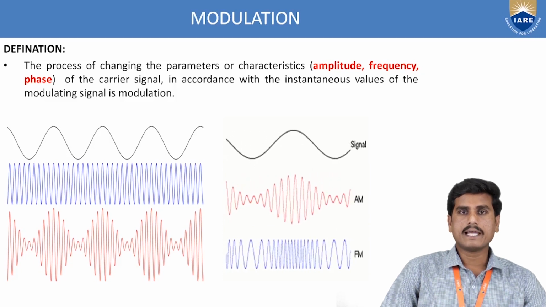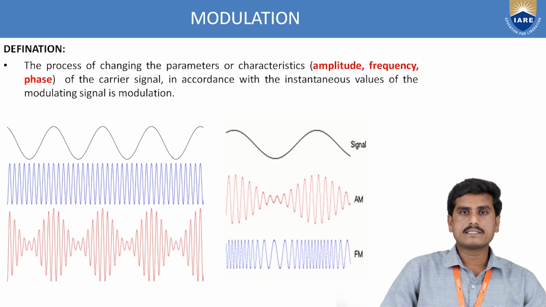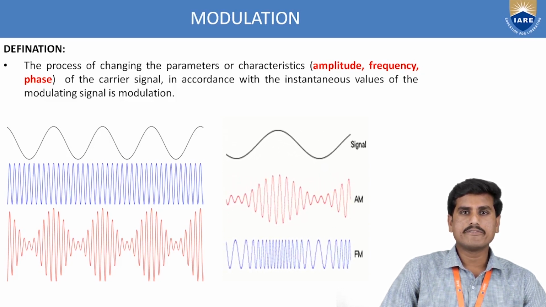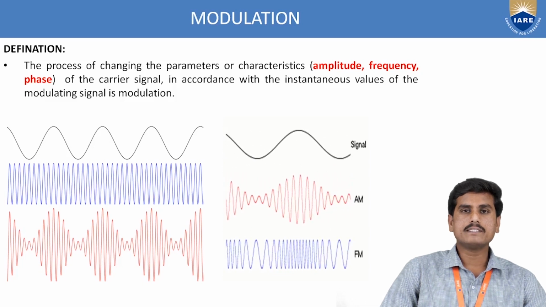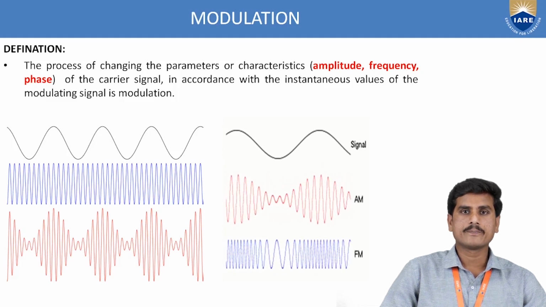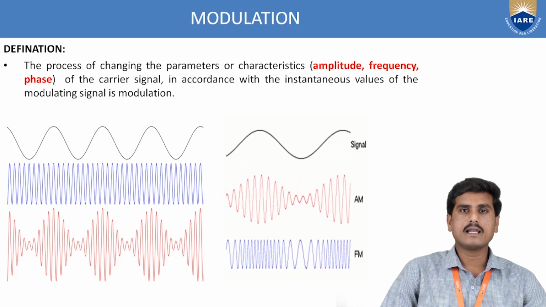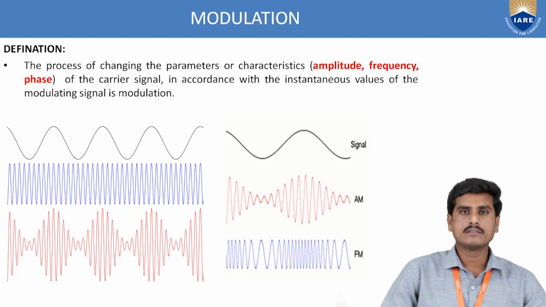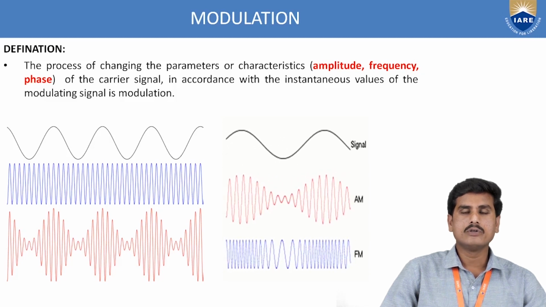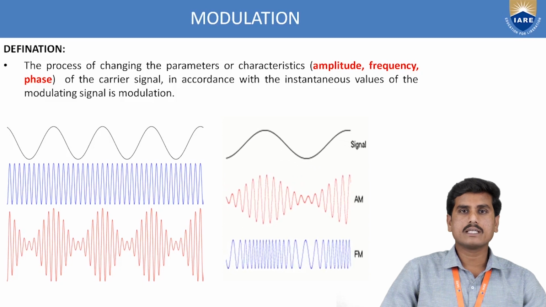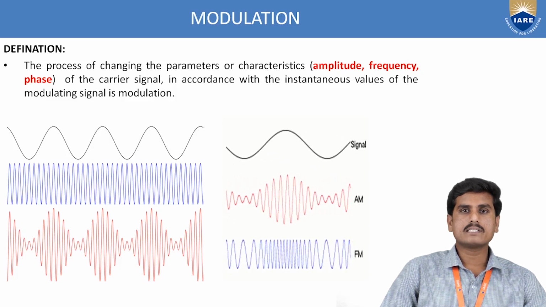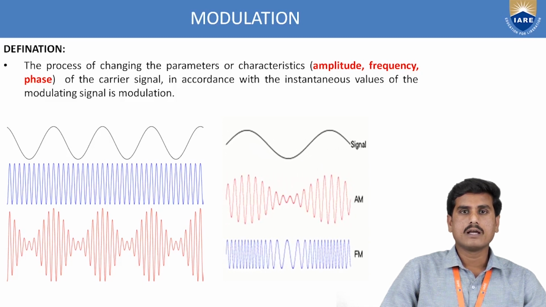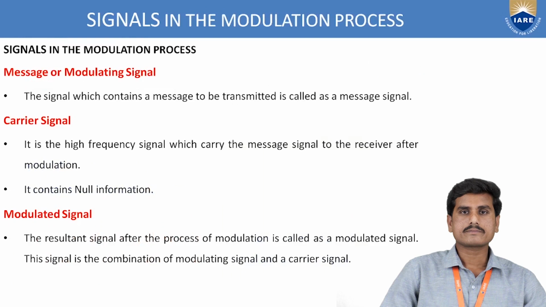In the animated diagram we have a message signal and afterwards the amplitude modulated wave, that is nothing but changing the amplitude of the carrier signal with respect to the message signal amplitude. The next one is frequency modulation, in which the frequency of the carrier is changed with respect to the message signal.